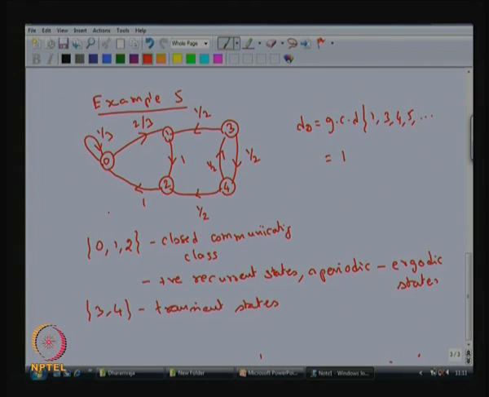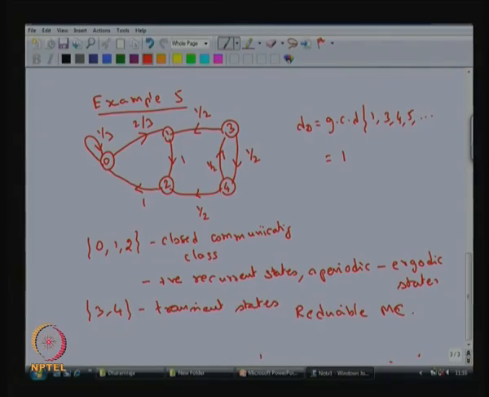Since the state space S is the union of the closed communicating class and these transient states, this is going to be a reducible Markov chain. So, in this example we come to the conclusion that we have 5 states, and this is a reducible Markov chain because the closed communicating class consists of elements 0, 1 and 2, and the transient states are 3 and 4.